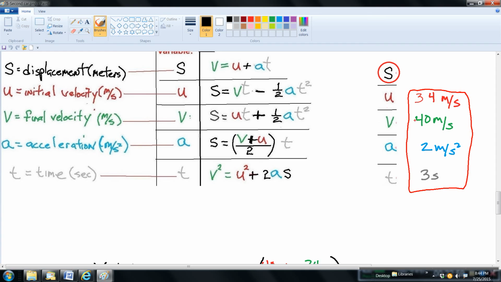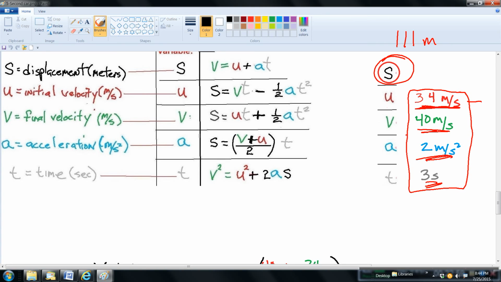So what we're looking for is we're going to solve for displacement. Now we already know from the first part of this problem that it was 111 meters, but let's go ahead and pretend like we don't know that, and we calculate this from the second part of the problem. We were given these 3 initially. So let's figure out displacement.